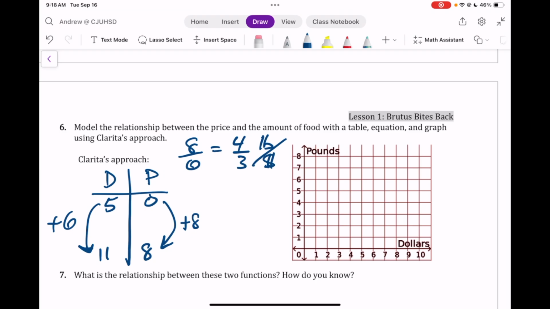We have to do a d minus 5 to kind of calibrate it so that we're starting at 5 and not at 0. And then we throw in our slope here, and then that's what the pounds is equal to. So that when you put in $5, it comes out to 0 pounds. Just wanted to put a box around this.